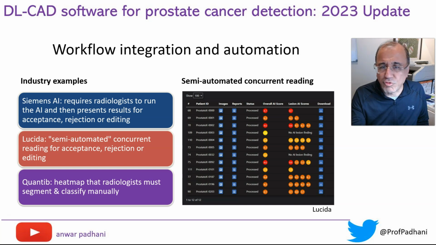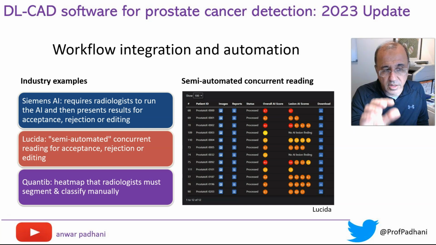So let me show you 3 examples of commercially available or soon to be available AI systems. So you can see on the left-hand side, the Siemens AI requires a radiologist to press a button. It presents results which you then have to accept, reject, or edit.